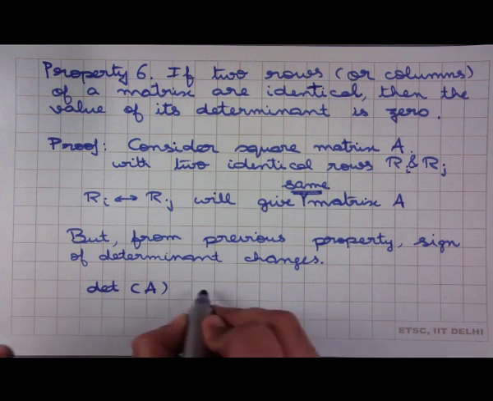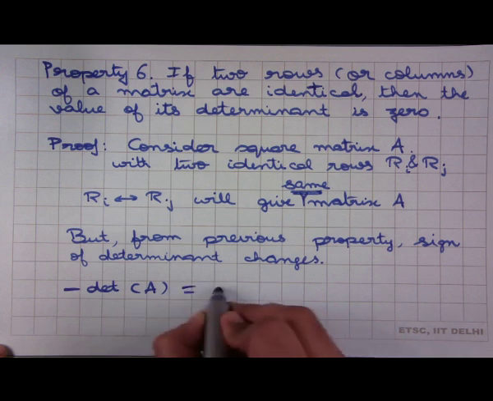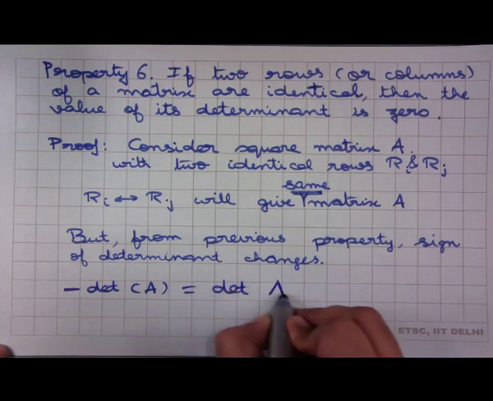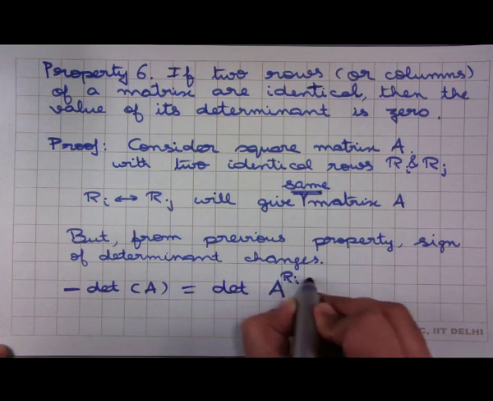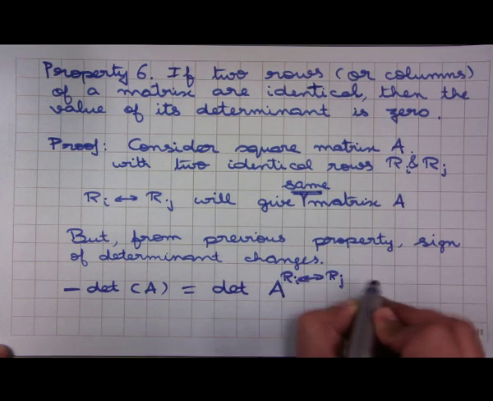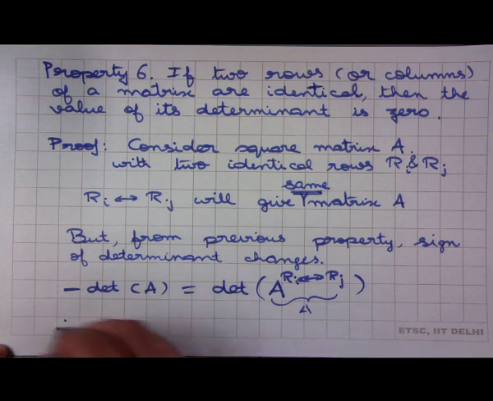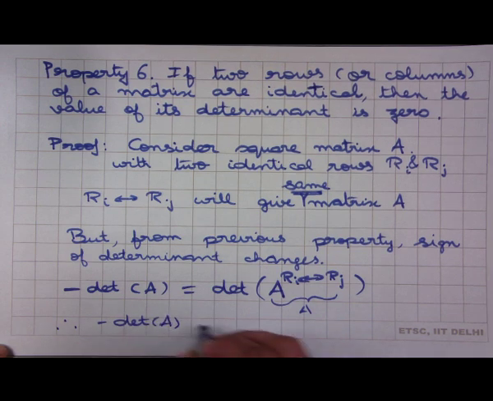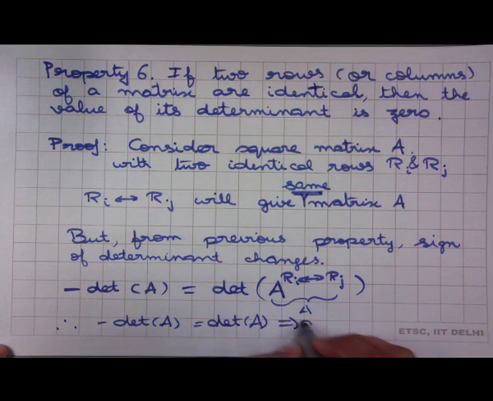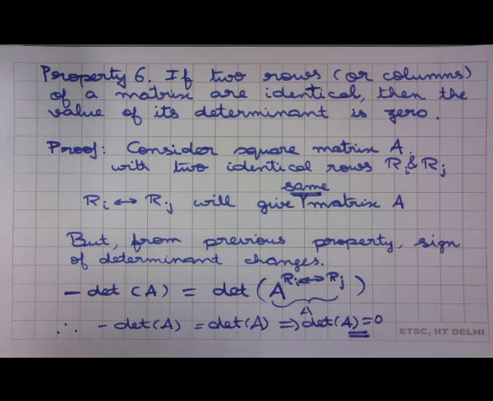So the determinant of this would be the determinant of the matrix A with rows R_i and R_j interchanged, but because R_i and R_j are identical, this matrix is nothing but A. Therefore, minus determinant of A is equal to determinant of A, which is only possible if the determinant of A is 0, right.